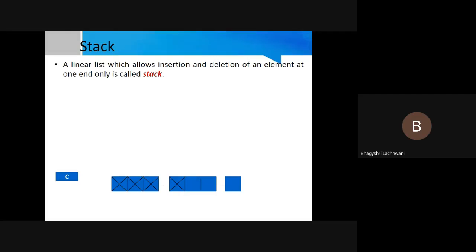In some books it is written as TOS, that is top of the stack. In some books, it is directly written as top. That means whatever element you want to insert into the stack or remove from the stack is only allowed from one end only, that is termed as the top.